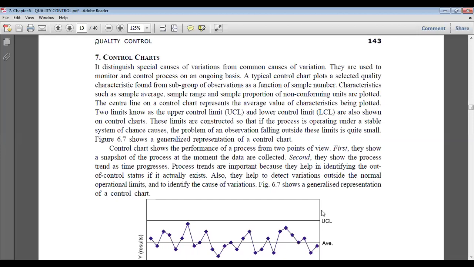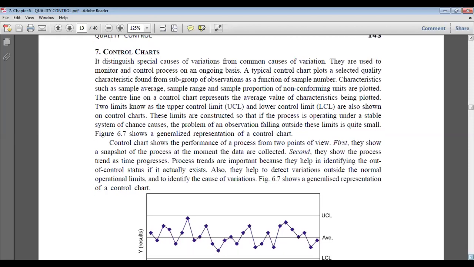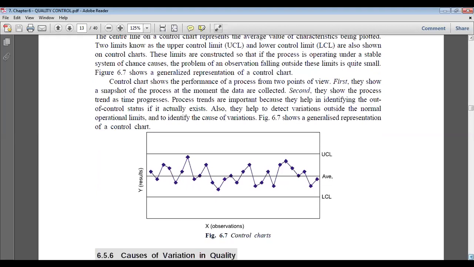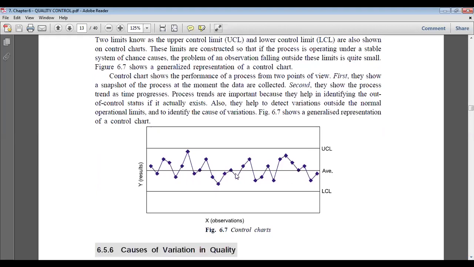So control charts depict the position of the production. We can see there are two control limits, upper control limit and lower control limit, and the average line between these two.